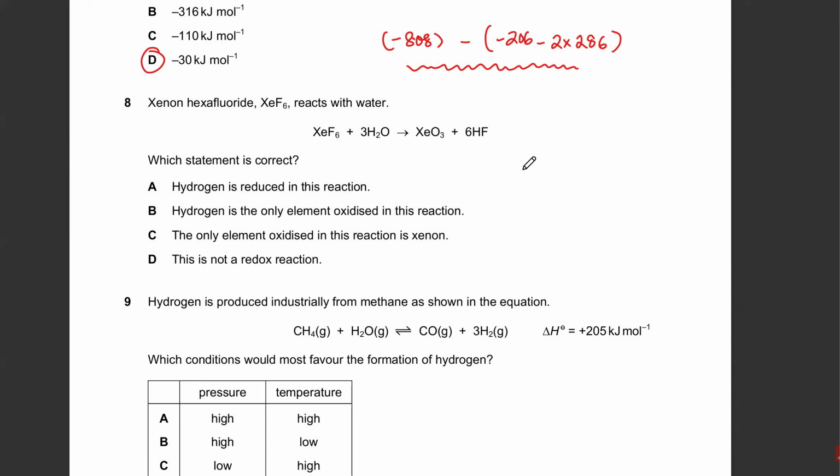First one is wrong. Hydrogen is not reduced. Okay, fine. H is +1 on both sides. Yes. And it's not oxidized either, so B is wrong.